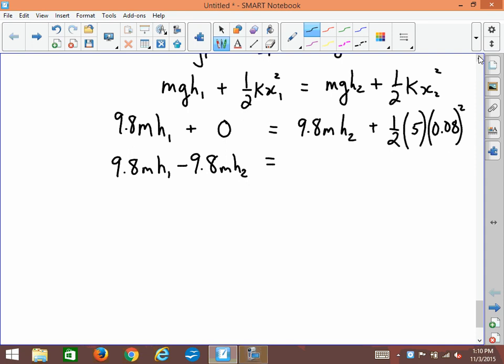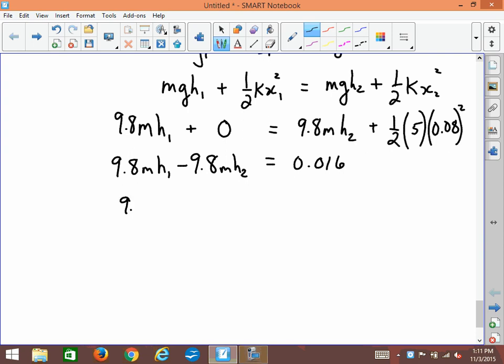If you square 0.08, you get 0.0064. And then if you multiply that by 5 and divide by 2, I think you get 0.016. Let me just check to be safe. Since we're doing an example, we don't want to screw it up. Times 5 divided by 2. Yeah, that looks good.